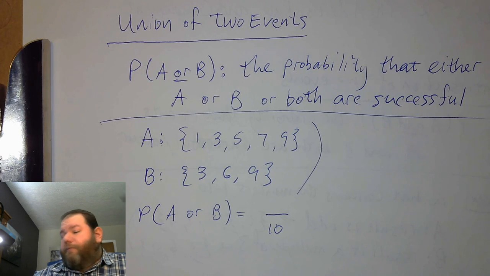What are the different numbers that we could potentially draw from the hat such that at least one of these will be true?